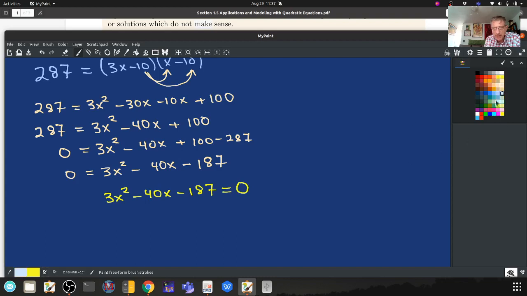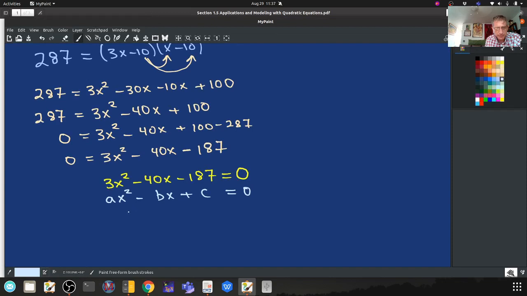Compare that to ax squared plus bx plus c is equal to 0, and we have a is equal to 3, b is equal to minus 40, and c is equal to minus 187.